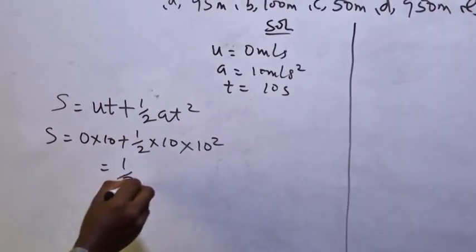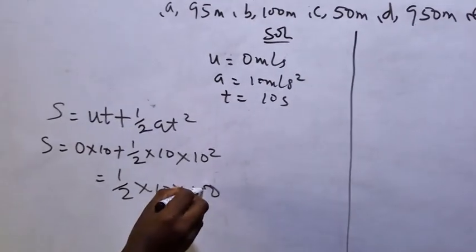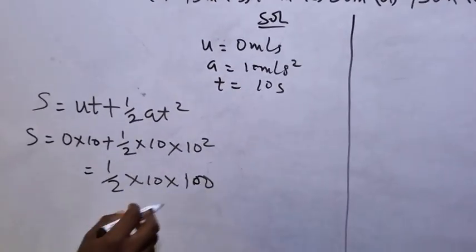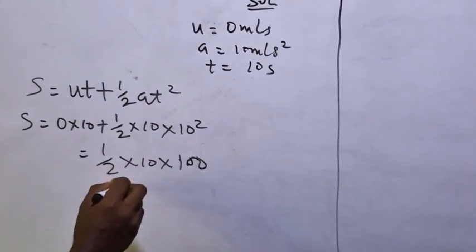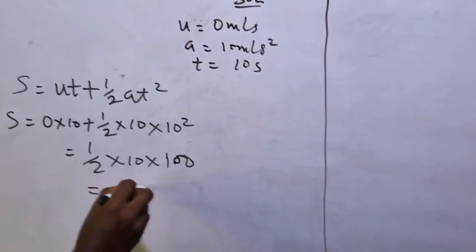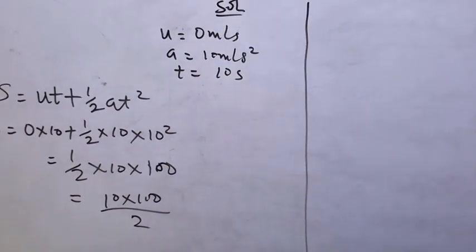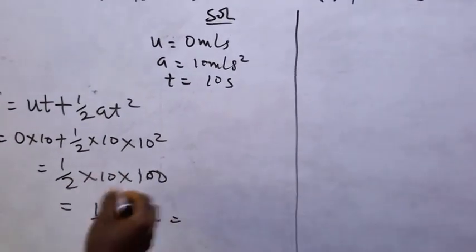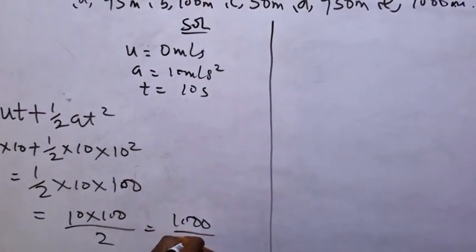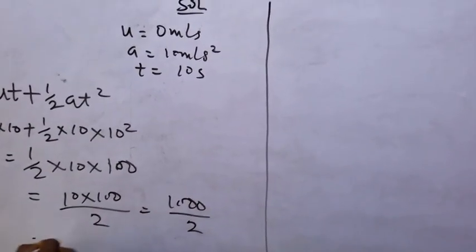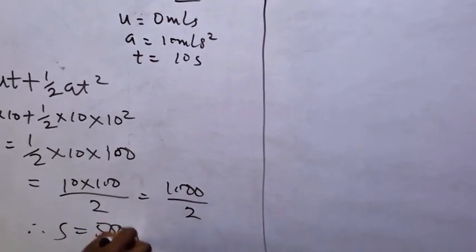We will now have half times 10 times 100. 10 times 100 is 1000, and the half becomes division by 2. Therefore, the distance is 1000 divided by 2, which is 500 meters.